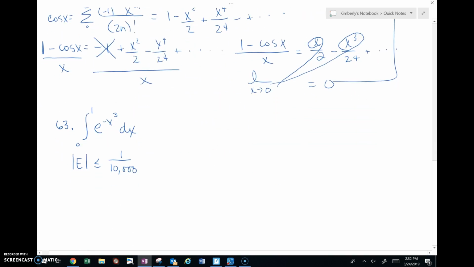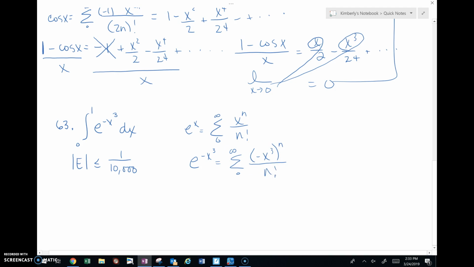63. 63 is how to handle error with an integral. So the first thing we're going to do is write our power series for e to the x, which is the sum of x to the n over n factorial, and then writing it for e to the negative x cubed, we have the sum from 0 to infinity of negative x cubed to the n over n factorial.